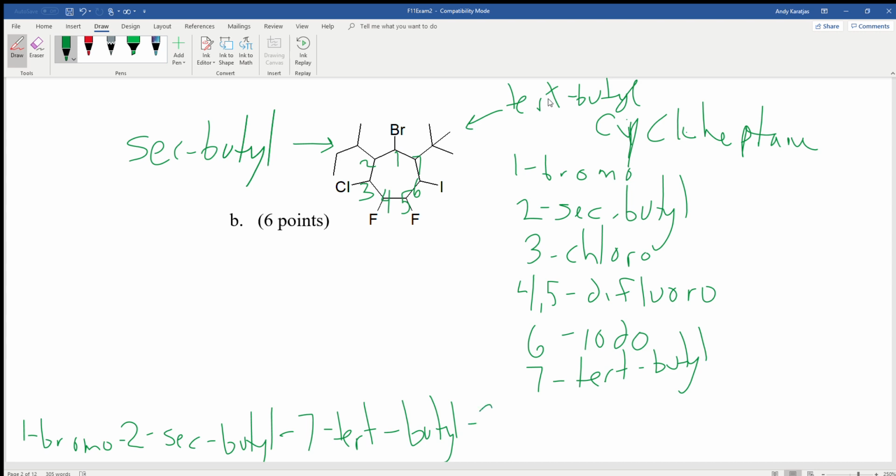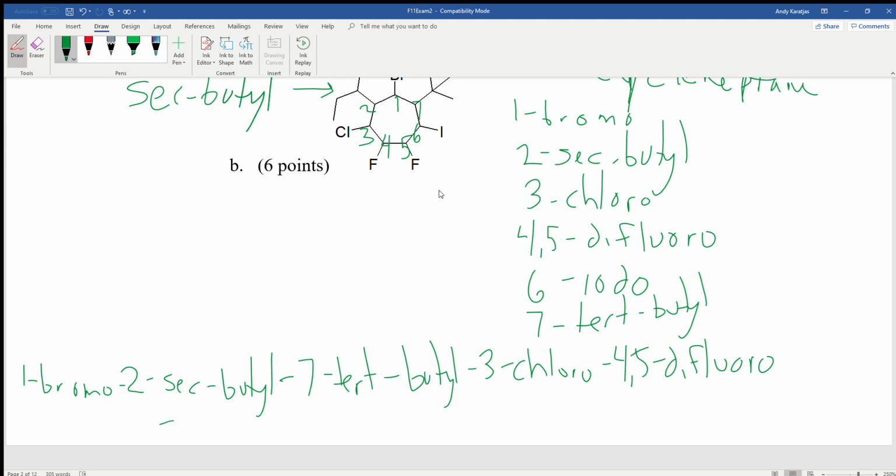This is followed by chlorine. Fluorine. Go down to the next line to pick up the iodine. And finally our parent cycloheptane.